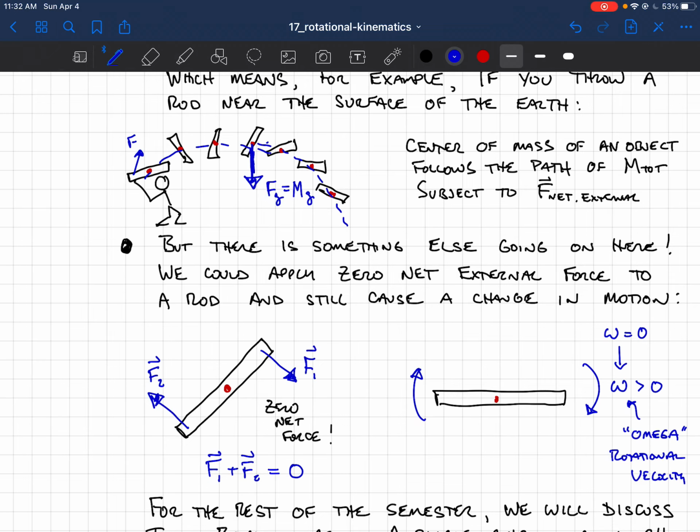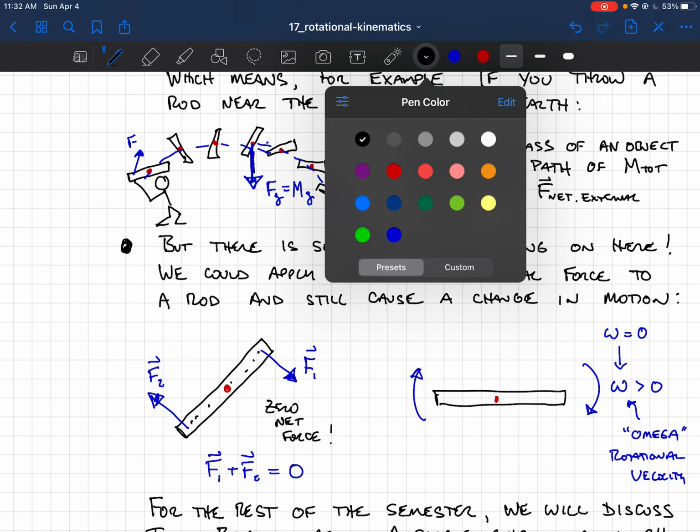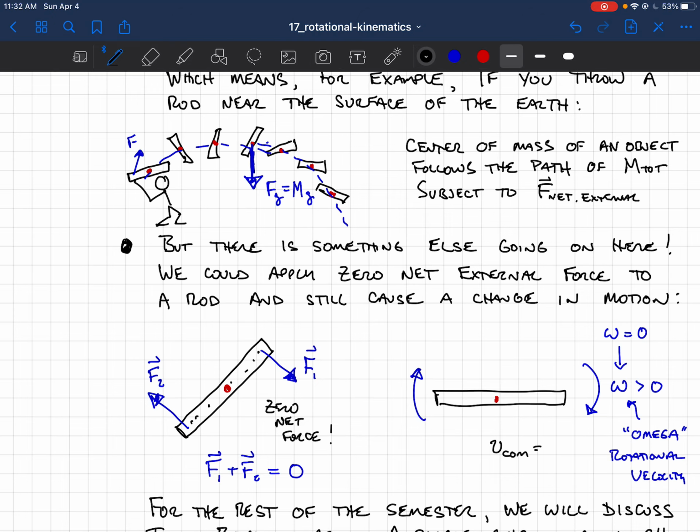So Newton's second law for an object that we just derived is not really the whole story. We've in some sense thrown out a bunch of information about the motion of each of these little particles because we threw out their interaction forces, but there's still some motion of the object going on even if its center of mass is not moving. So V center of mass is still equal to 0 here, but it does have some rotational velocity. And that's what we're going to try and characterize today.